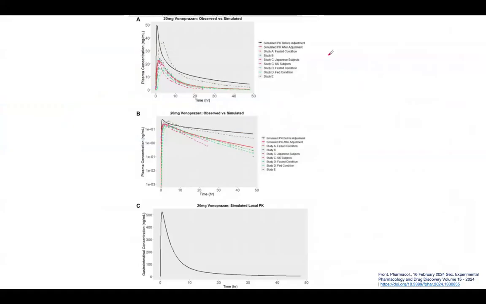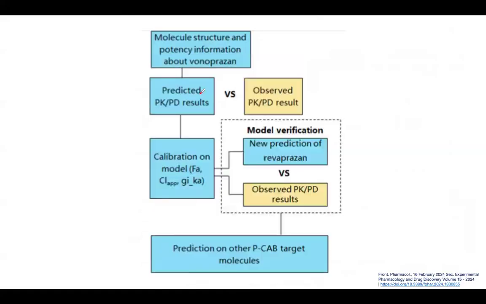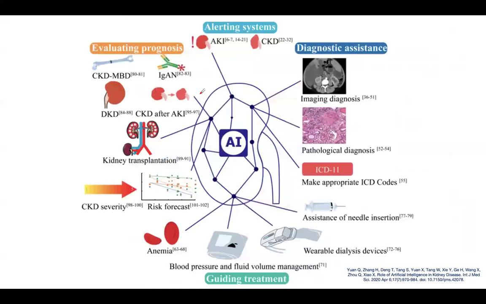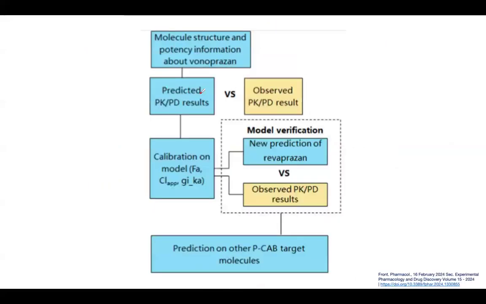And we can see when the simulated pharmacokinetic parameters are adjusted with this AI model, they are almost similar to real life. So that is something interesting, and they can predict for other potassium competitive antagonists too. So there is another molecule they are preparing. Now they are utilizing this data on vonoprazan.